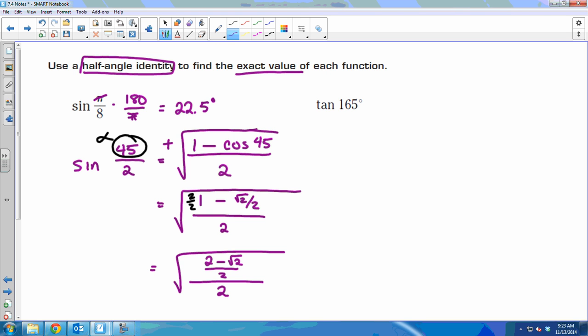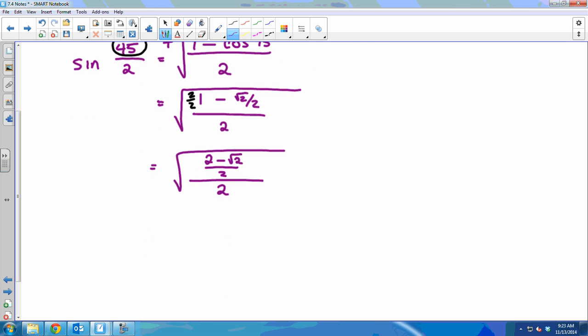Everyone still with me? Yes? All right. In order to get rid of the fractions, I'm going to multiply by the reciprocal. The reciprocal is not 2 over 1. This is 2 over 1, so the reciprocal is 1/2. But that's a mistake some of you make, so I'm just making sure we are all on the same page.